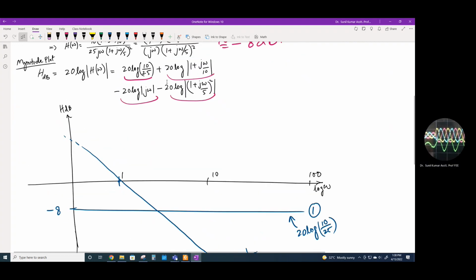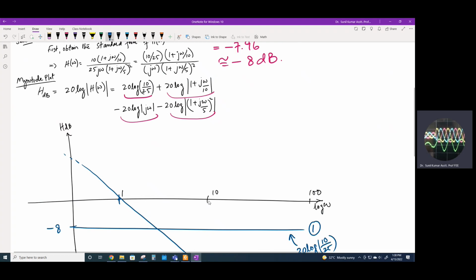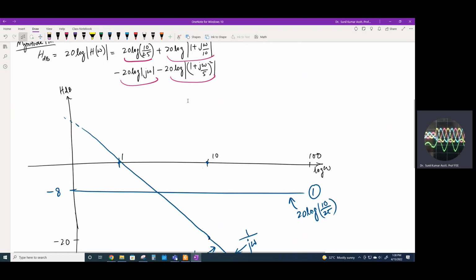This slope starts from omega equals 10 and goes with a rate of 20 dB per decade. That means at reaching 100, the value should reach 20 dB. So let's suppose I have positive 20 dB here. So this line will maybe reach up to this value here. We connect these two lines.